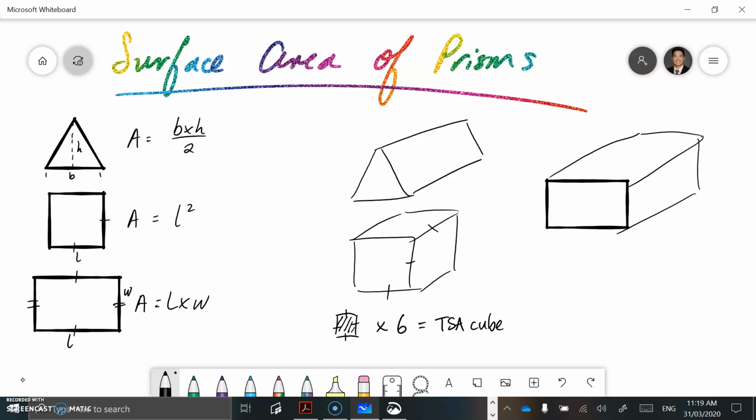With this triangular prism, you'll notice that we've got several shapes here, and let's say this is an equilateral triangle. Then we have the front and then the back as the equilateral triangle, so we want 2 of those.